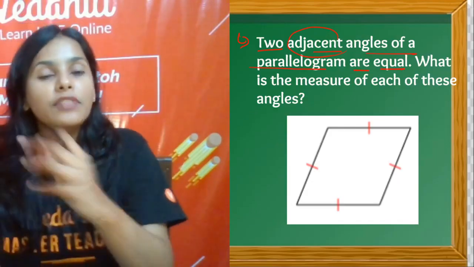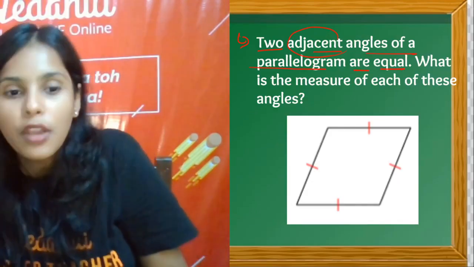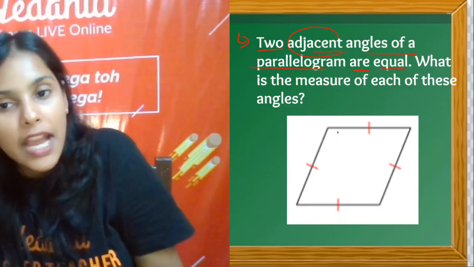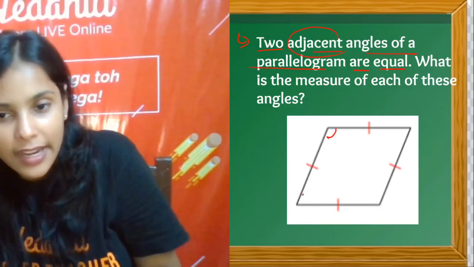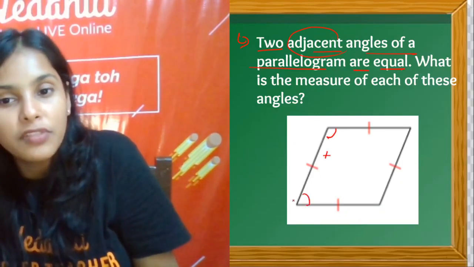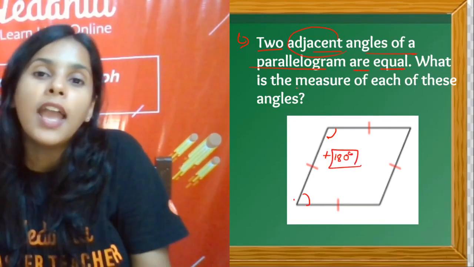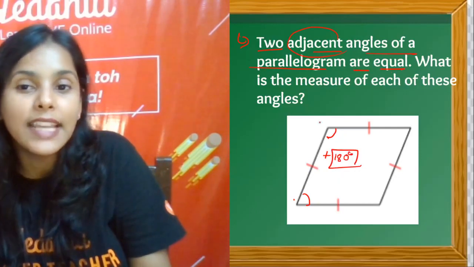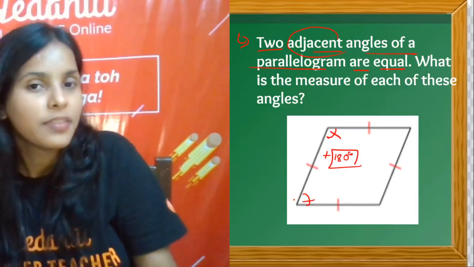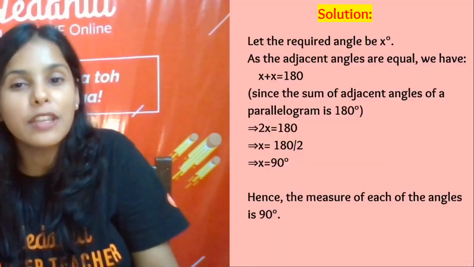What is the measure of these angles? You have to find out. Very amazing question. If these two are adjacent angles, then the sum of these two angles will be equal to 180 degrees, and the question told you that they are equal also. So it is solved, nothing is left in this.